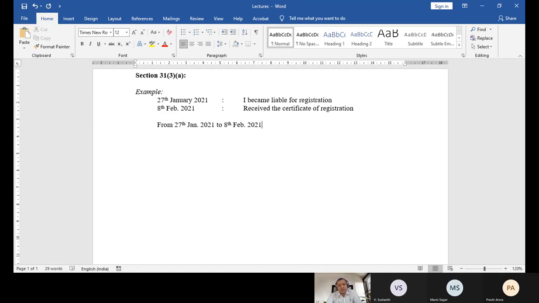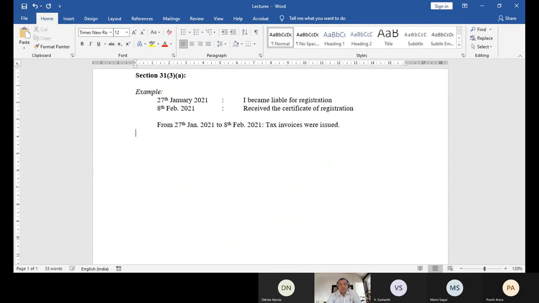So till receiving the registration certificate, one thing is sure that compulsory tax invoices were issued.